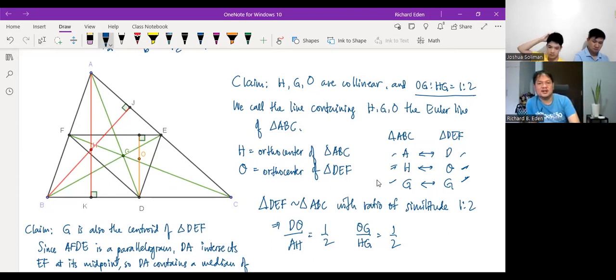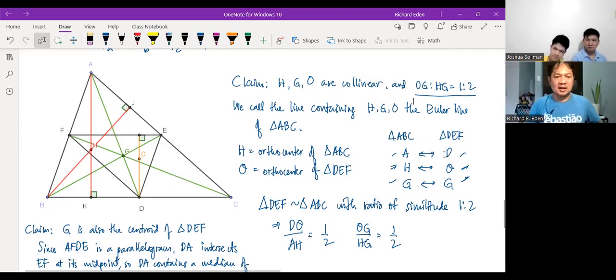However, the collinearity is something else to be proved. So why are H, G, O collinear?